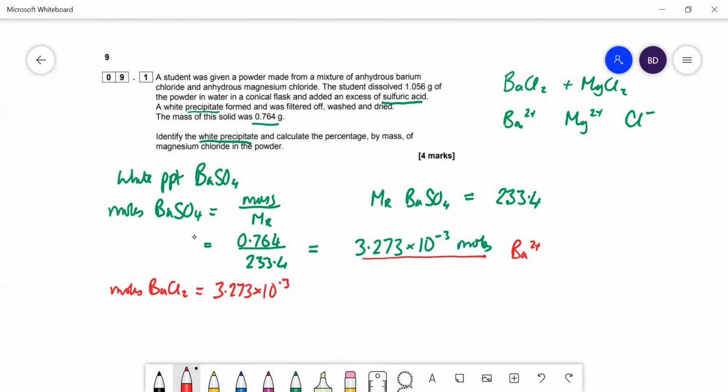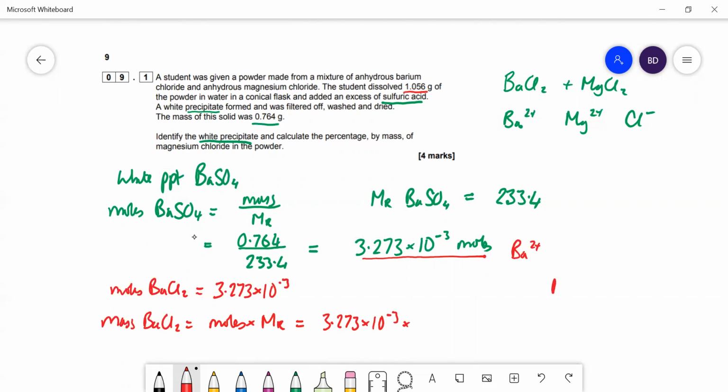Now, of this 1.056 grams, we need to find out how much is barium chloride. We can work out the mass of barium chloride quite easily. Mass of barium chloride is equal to moles multiplied by the Mr, so 3.273 times 10 to the minus 3, multiplied by the Mr of barium chloride.